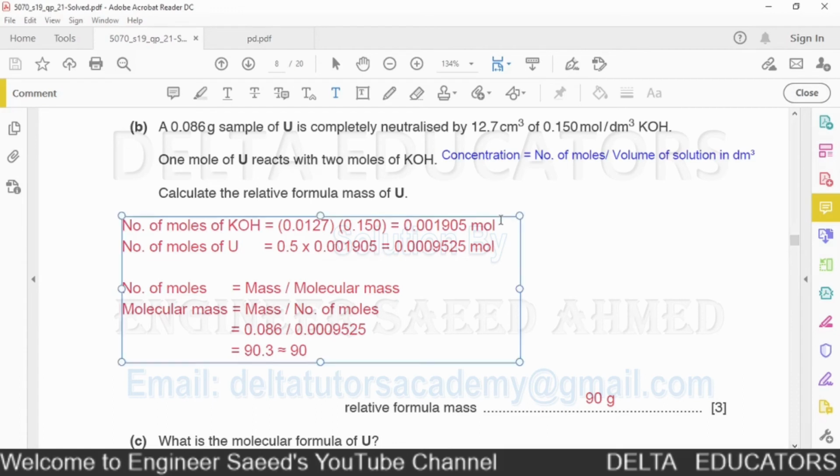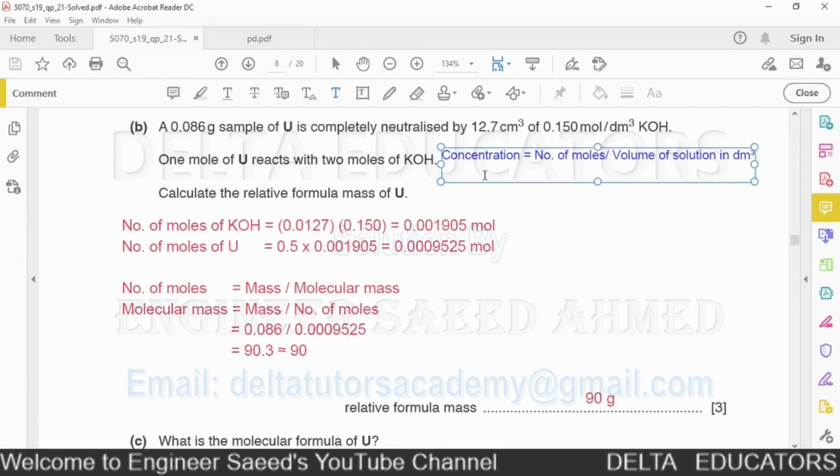To find the relative formula mass of U, first we have to calculate the number of moles of U. And in order to get the number of moles of U, first we have to find the number of moles of potassium hydroxide. To find the number of moles of potassium hydroxide, we use the formula concentration is equal to number of moles over volume of solution in decimeter cube.